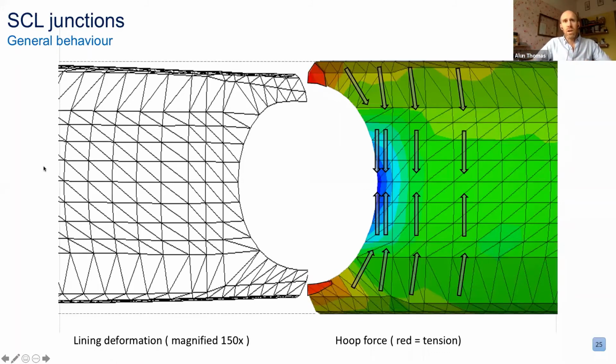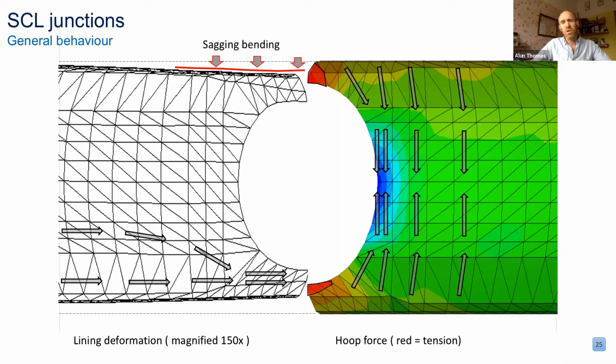You also see the same effects in the longitudinal direction, but you have to remember the longitudinal forces are believed to be much lower, let's say 10 or 20% of the hoop forces. However, besides that phenomenon, you can also see substantial bending in the crown.